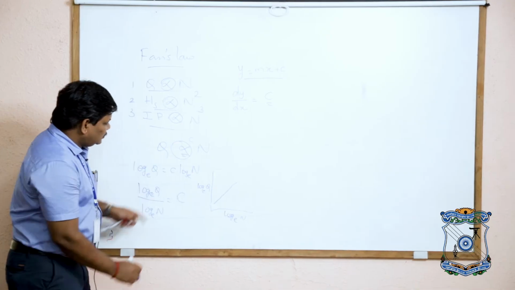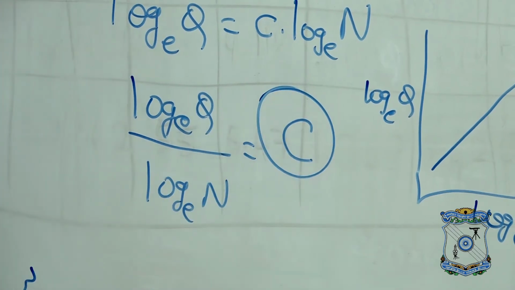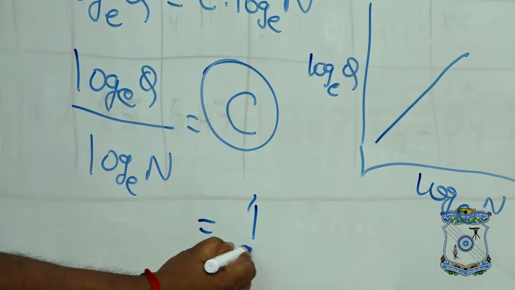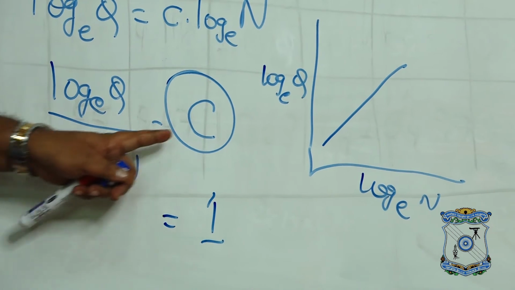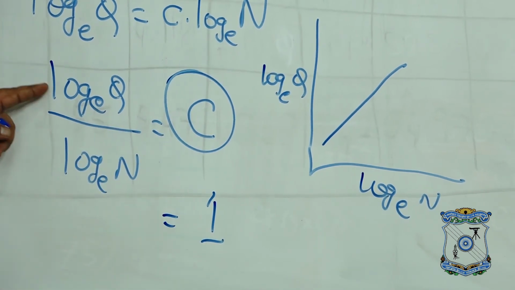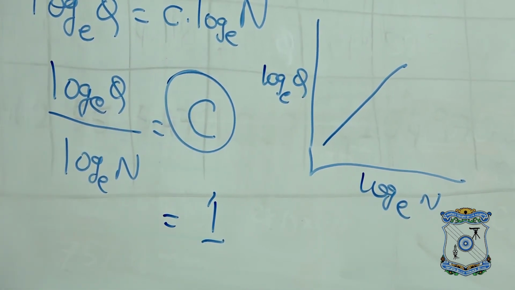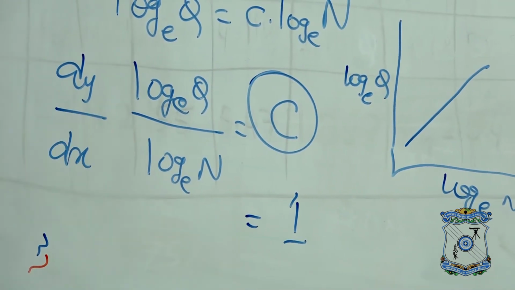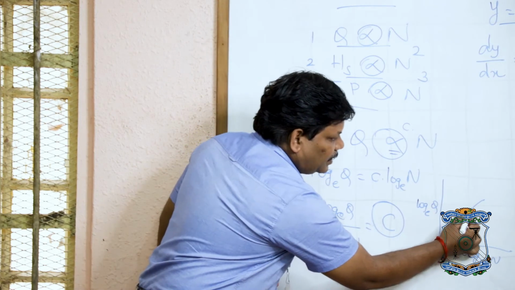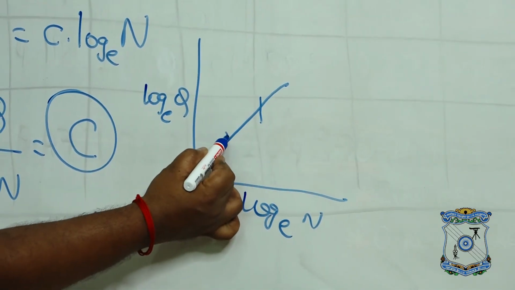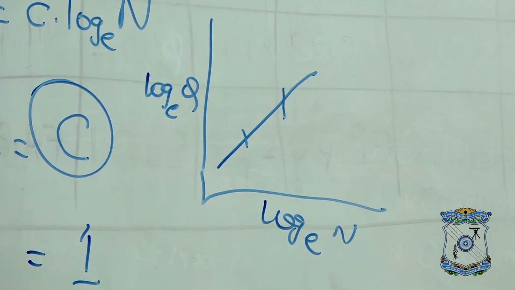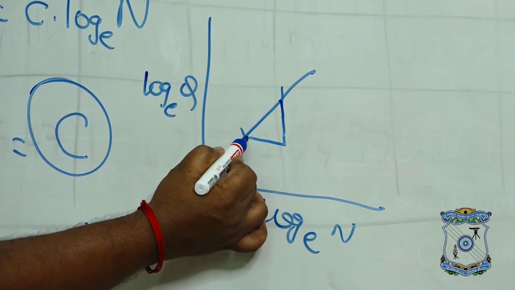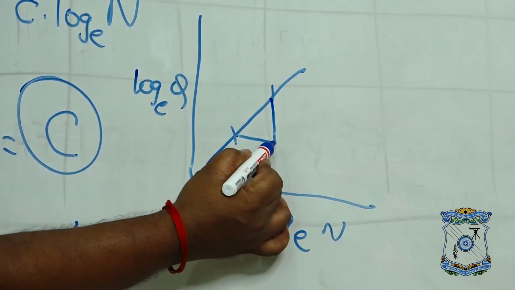You have to find the value of this c, but you have to assume this c. So let c be 1. Initially we assume that c is 1, so log base e Q by log base e N is equal to 1, that is dy by dx. You have to take any values on this line of the graph such that you form a slope.